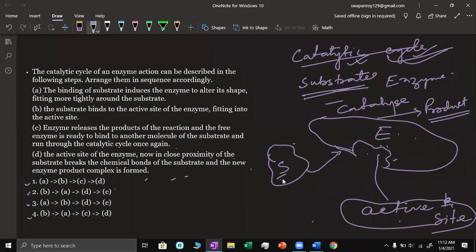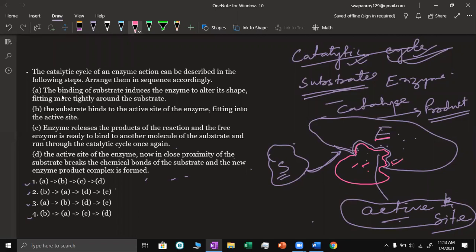The substrate comes close to the enzyme and fits to the active site, exactly in this way. There will be close association, and initially it is loosely bound, after that it is tightly bound.